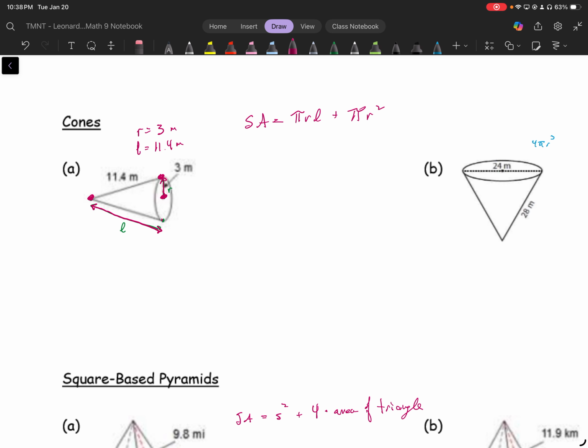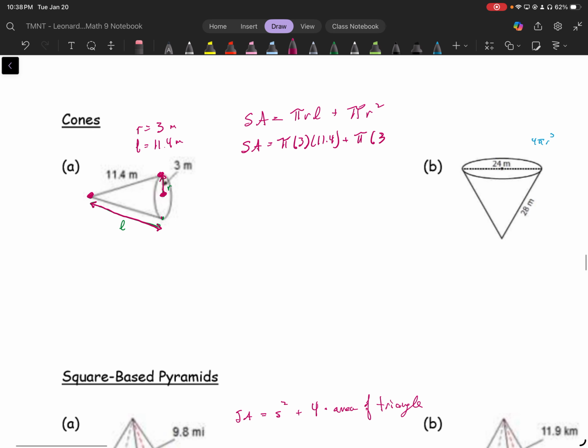So for the surface area of the cone, all I simply have to do is take my formula and plug it in. So I'm just plugging it in with great joy. Plus, R was 3, L was 11.4, plus pi, now R was 3, so make sure I square that.